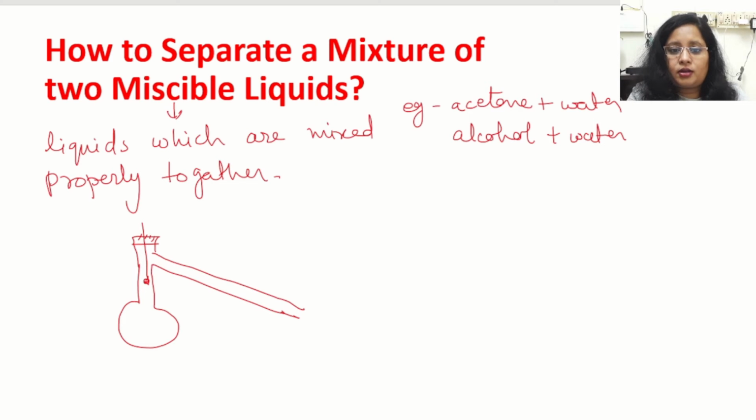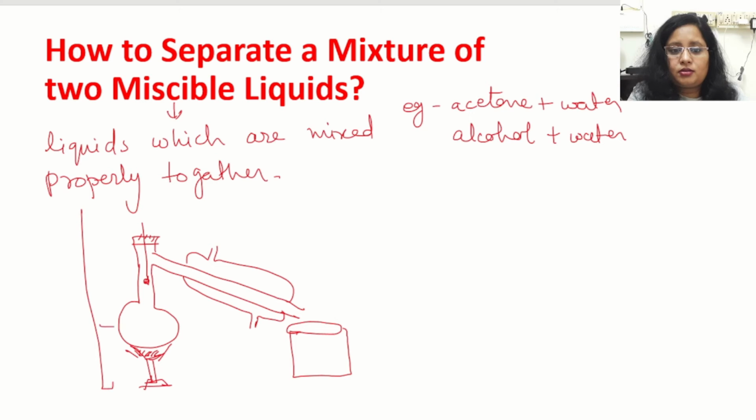So the condenser should be like this. The condenser is used to cool down the vapors, and whatever we get we will collect here in this beaker. Here we will heat up the mixture. This should be the apparatus set.